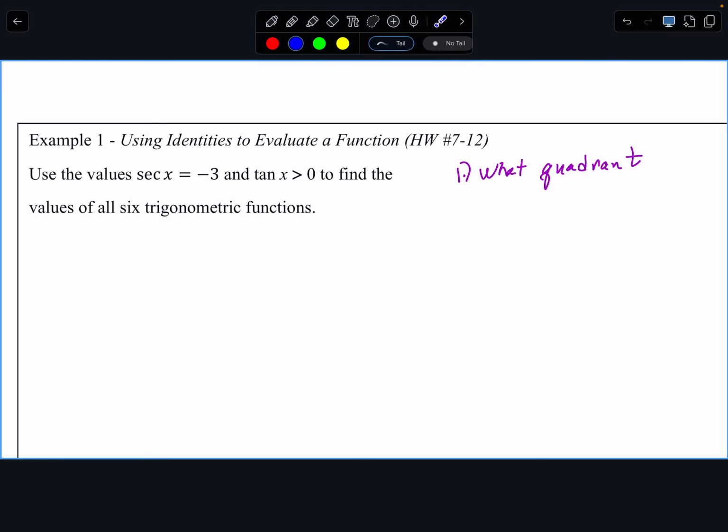And you have 2 pieces of information. The secant is negative. And that means cosine's negative. So there's 2 quadrants where cosine is negative. Cosine's the x. It's quadrant 2 and 3. So when secant's negative, I know it's quadrant 2 or quadrant 3.